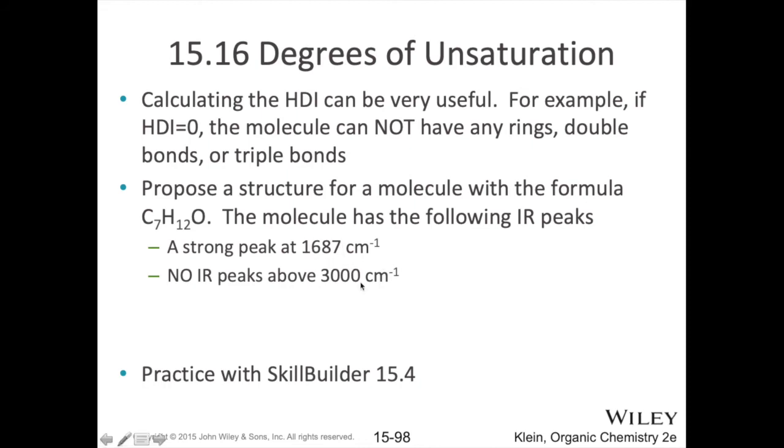What information does our IR tell us? This actually helps us narrow down our possibilities. If we look at this first piece of information from our IR, it tells us that out of all those possibilities for 2 degrees of unsaturation, there's really only one thing that matches.